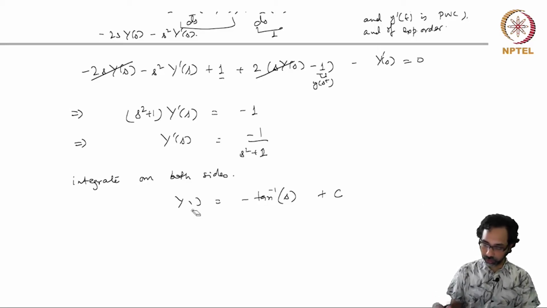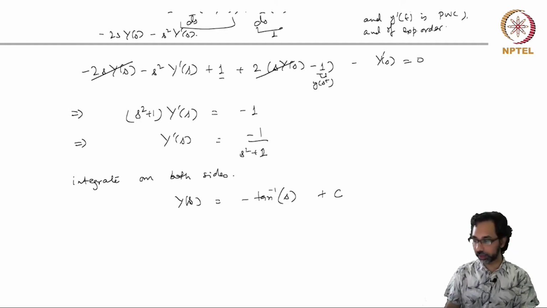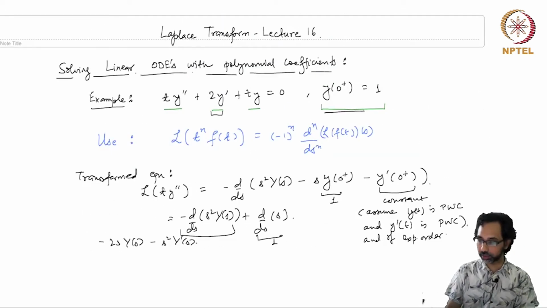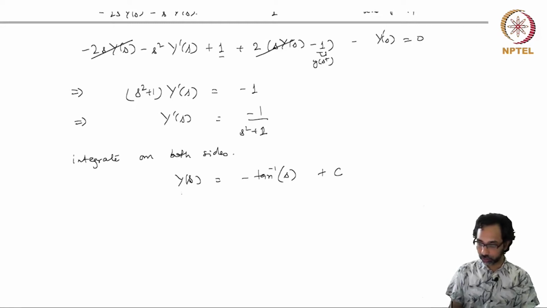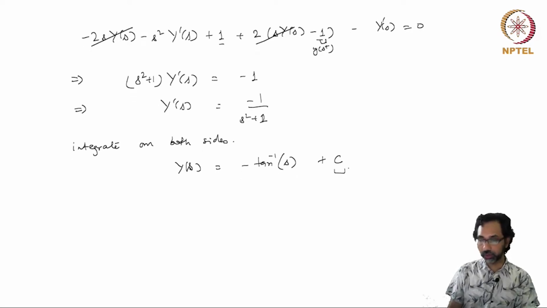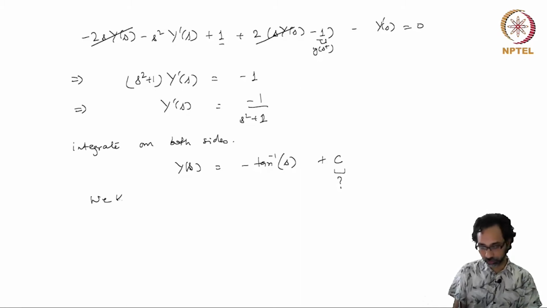Now we cannot use any other initial conditions because only one initial condition was given, and this was for y and not capital Y(s). So we still have to find out what is this constant of integration C. Then we apply our knowledge of the behavior of the Laplace transform. We know that the limit s goes to infinity of Y(s) is 0.